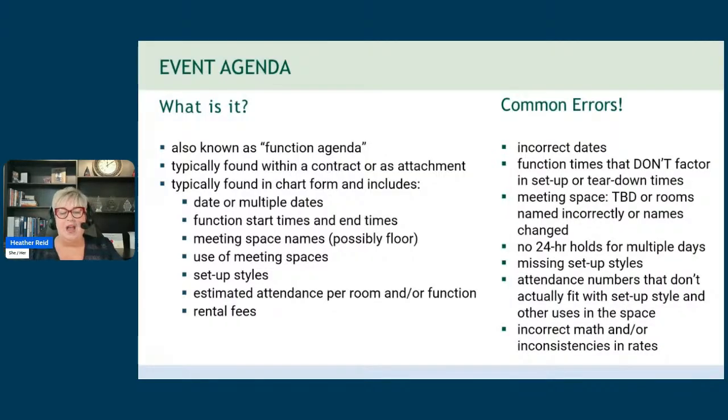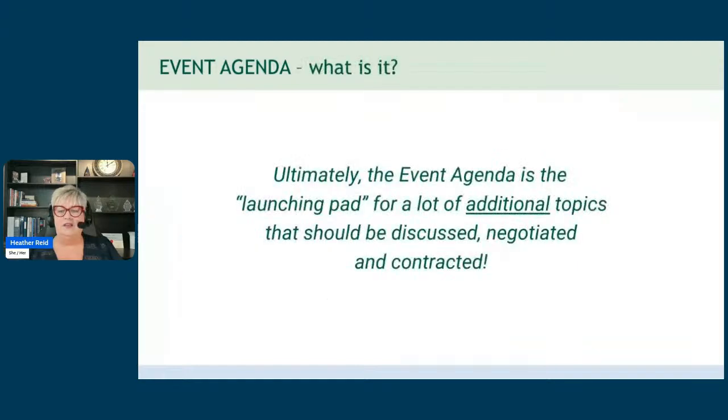So I know that there are more examples to be given, but today I want to offer you a different perspective, if you will, on what else to consider when reviewing the event agenda. That different perspective is that the event agenda is the launching pad for a lot of additional topics that should be discussed, negotiated, and contracted.